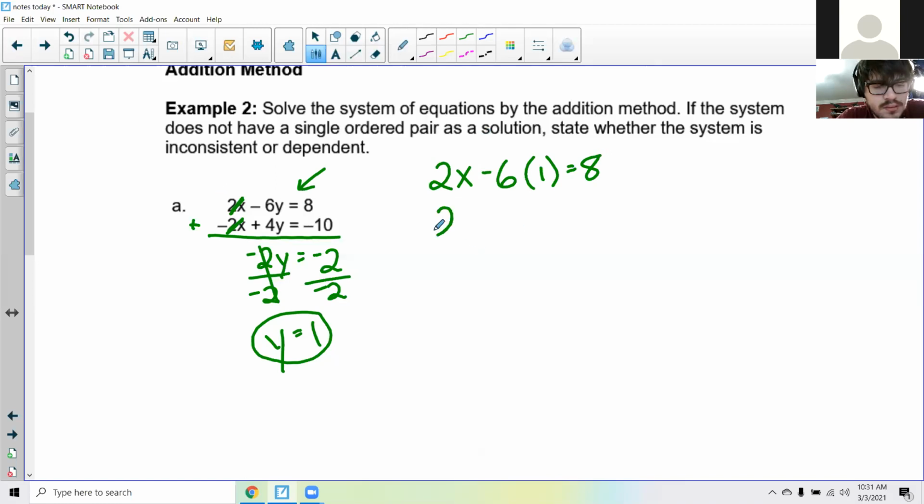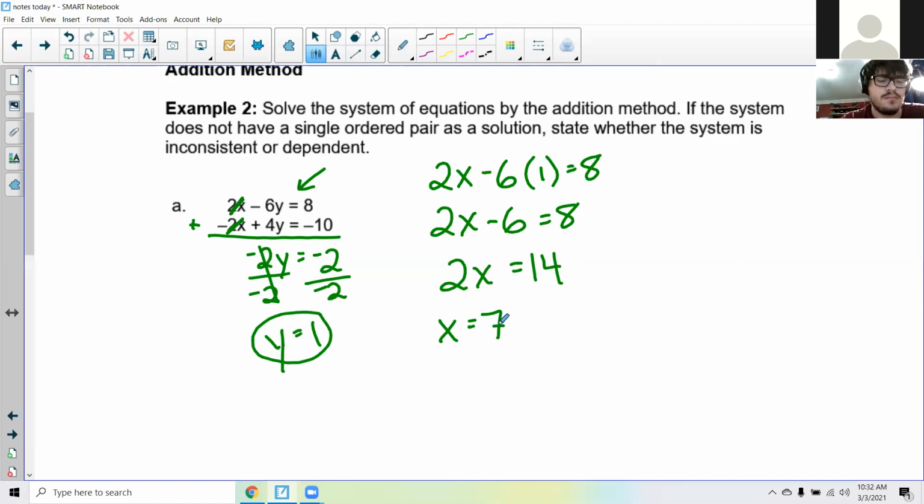So I get 2x minus 6 equals 8. So I get 2x, add 6 to both sides, equals 14. And so I get, divide by 2, x equals 7.